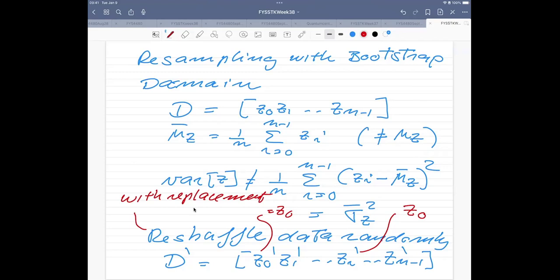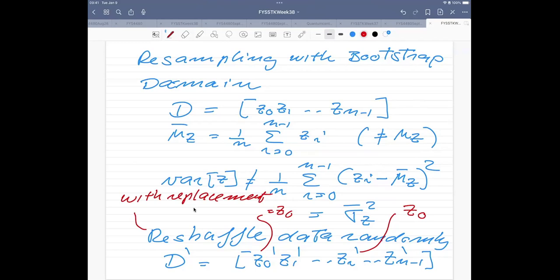What you do then is you just repeat this again and again. So if you go back to that discussion we had about the central limit theorem, what we could do is actually to create new data sets which follow the same distribution as the original Z, but the data sets will be different from those which we have.